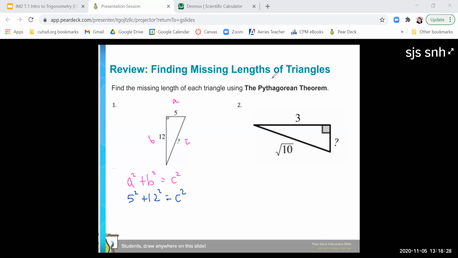All right, so I'm just going to keep going with this. If you want to do this on a separate sheet of paper because it's hard to write with your mouse, that's totally fine. If you feel like you understand this and you've done this a bunch of times, you remember it, and you don't know if you really need to go through a couple of these problems again, that is your judgment call.